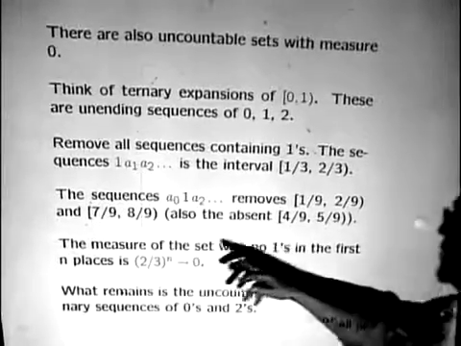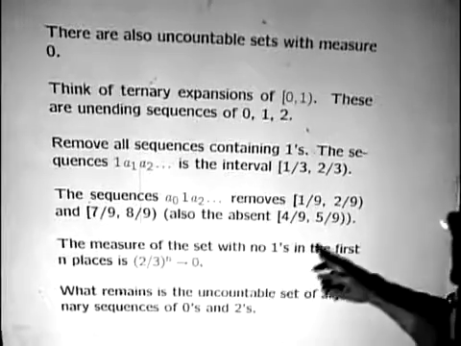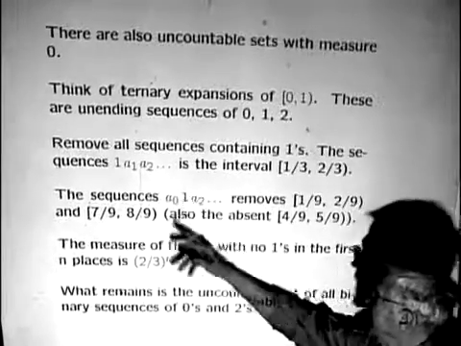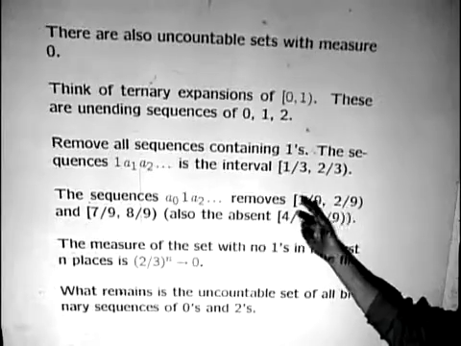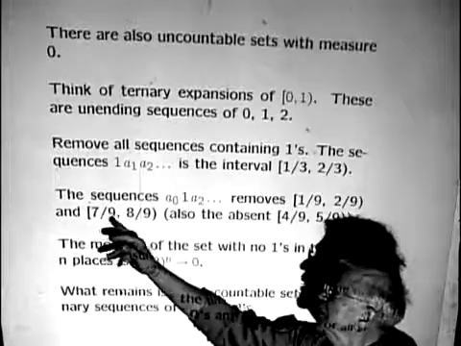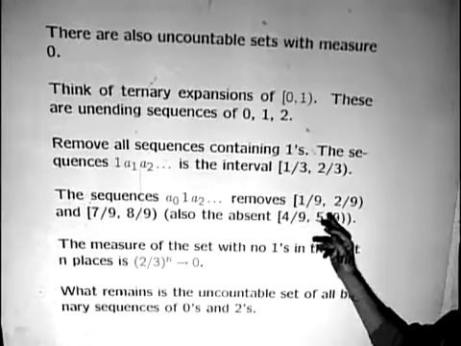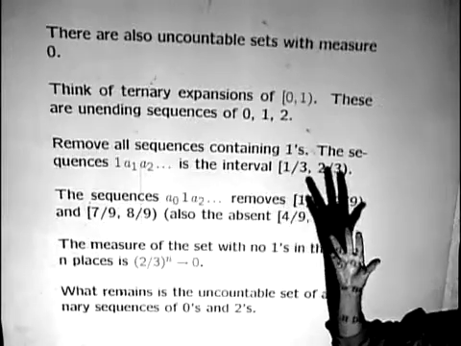Okay, the sequences which have a 1 in the second position, when we remove them, we're removing the interval from 1/9 to 2/9. We're also removing the interval from 7/9 to 8/9. We're also removing the 4/9 to 5/9 interval, but we removed that before.